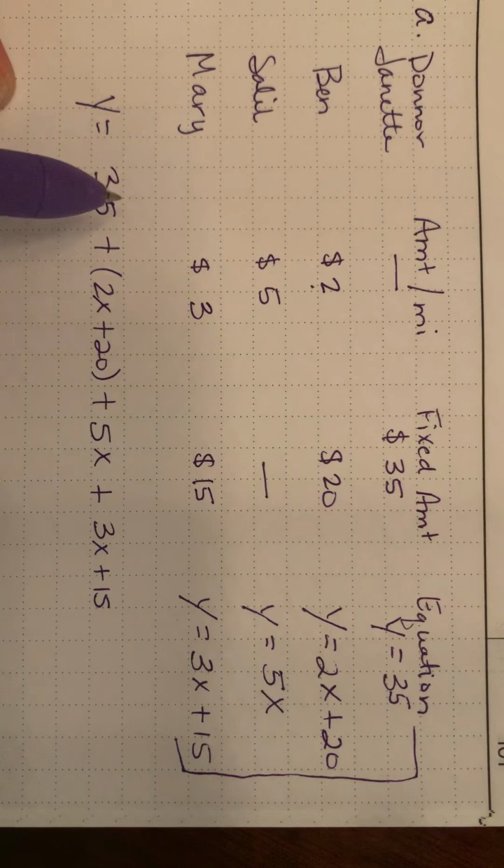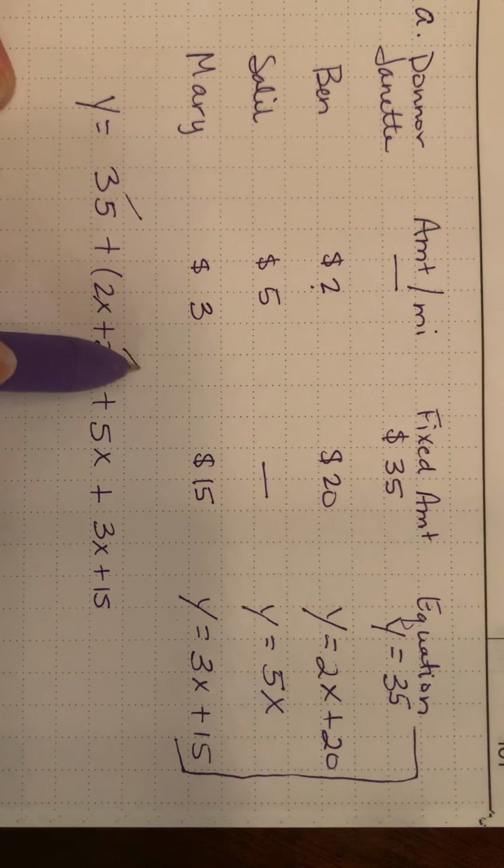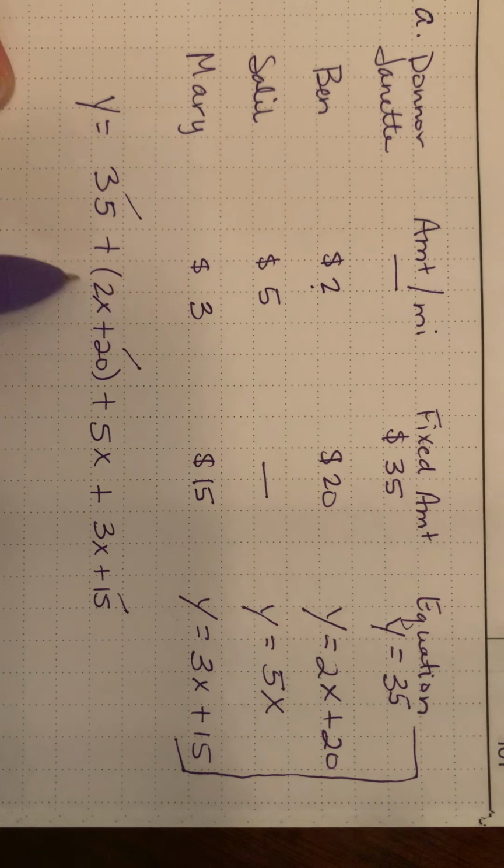So you will see I have the 35, the 20, and the 15 that can be combined, and I have 2X, 5X, and 3X that can be combined. I'll start with my X's. 2X plus 5X plus 3X is 10X. So Y equals 10X.